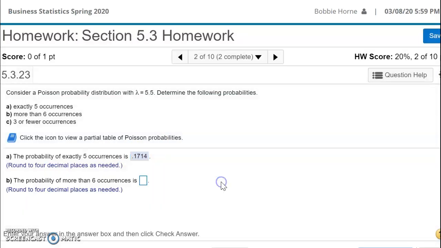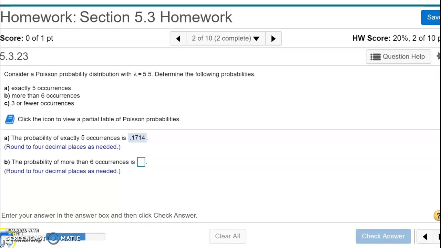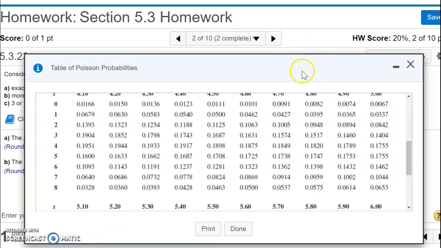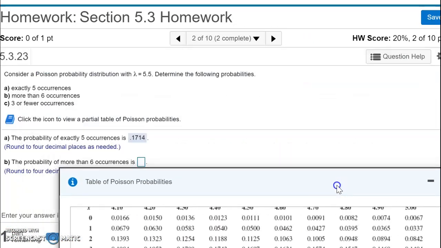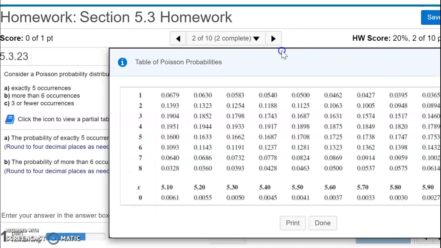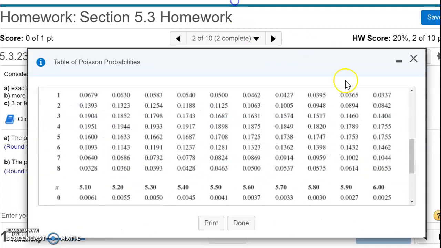And then more than 6, so here what we would have to do is go back to our table. Let me extend this down a little bit. Alright, go back to our table and go to 6, and we want more than 6, and our mean is 5.5.